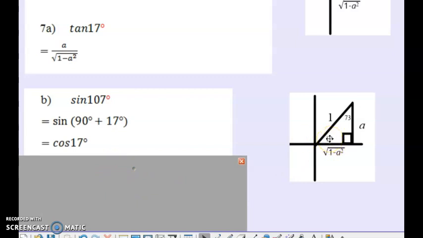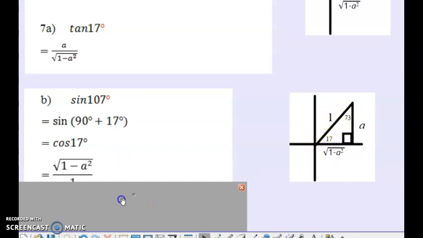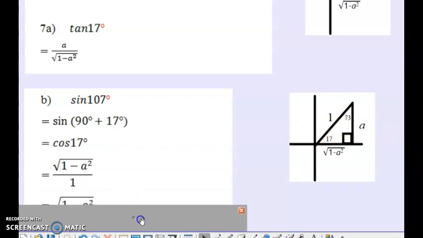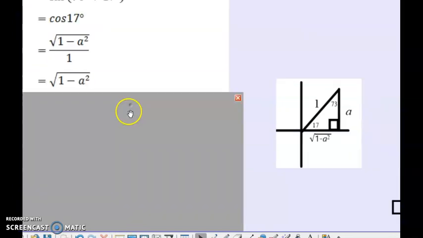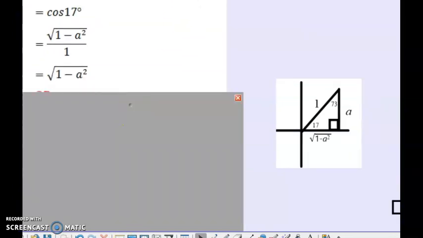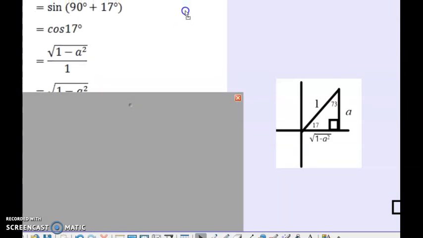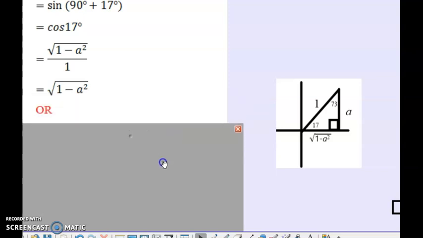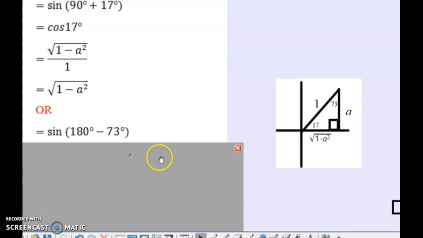At 17 degrees, cos is the adjacent side over the hypotenuse. So it's the square root of 1 minus A squared over 1. So that will render me the square root of 1 minus A squared. Now, if you decided not to take the 90 plus 17 and you said 180 degrees minus 73 degrees, how would this have panned out?